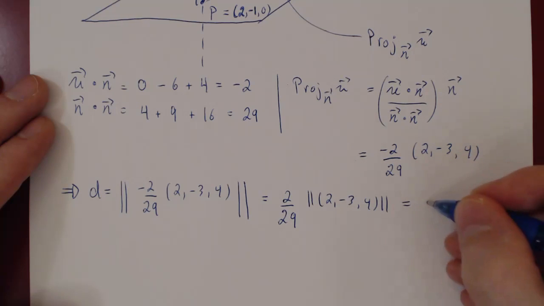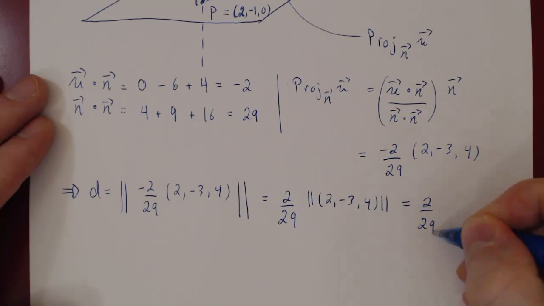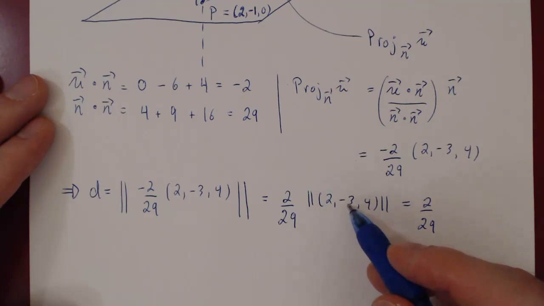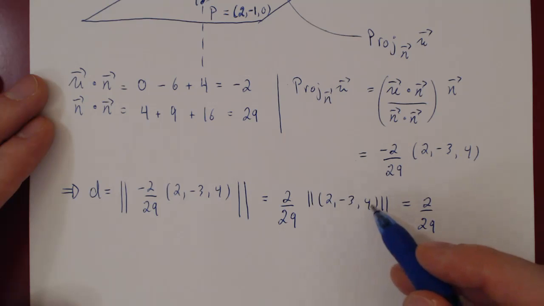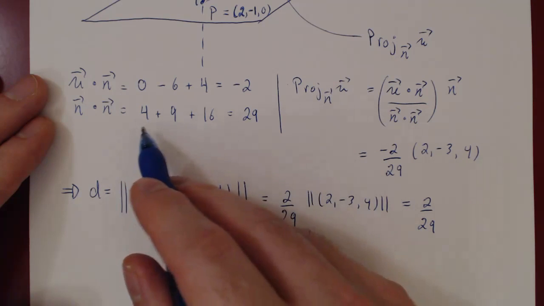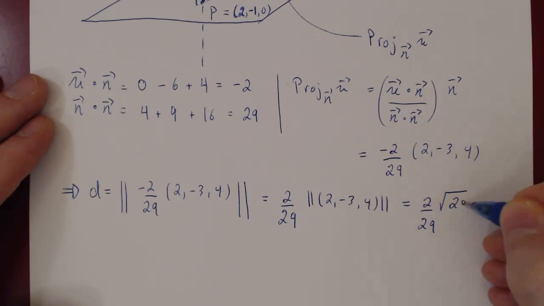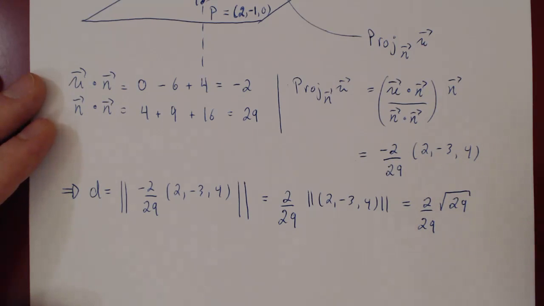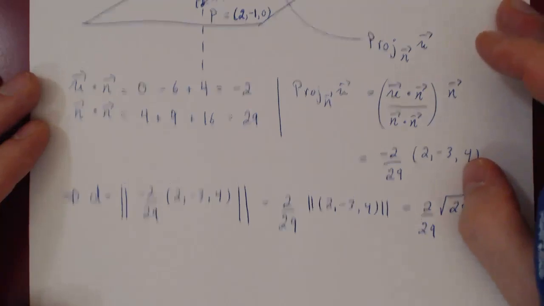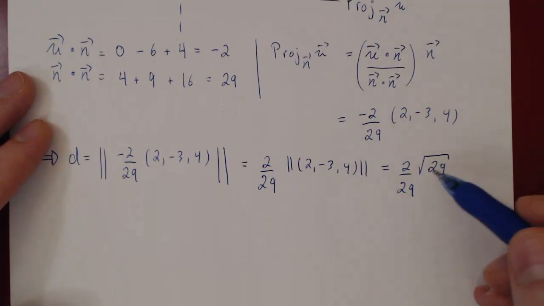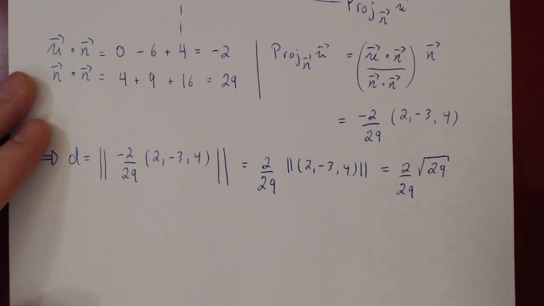But this is just Pythagoras' theorem, so 2 over 29 times the square root of the sum of the entries squared, but 2 squared, 4 plus 3 squared, 9, plus 4 squared, 16. 4 plus 9 plus 16 is just 29. And so we get the root of 29. And this is our distance. The distance between this point and this plane is exactly 2 root of 29 over 29.